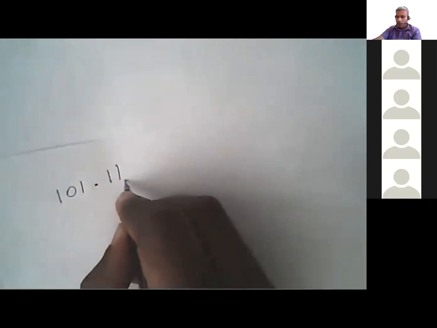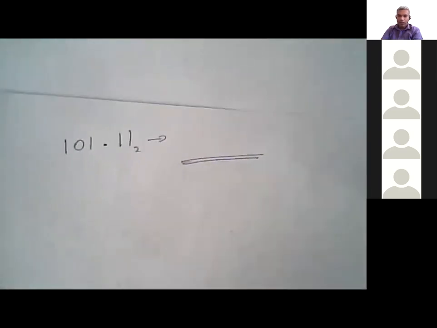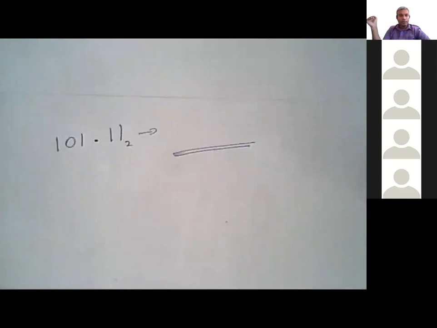Can you convert this particular number, 101.11? This is binary. I want to convert it into decimal. Can you do the conversion quickly and tell me?